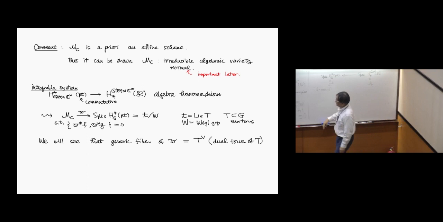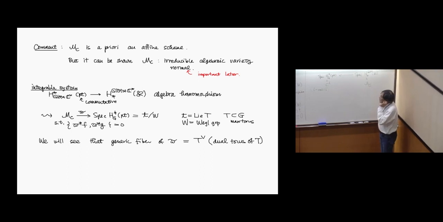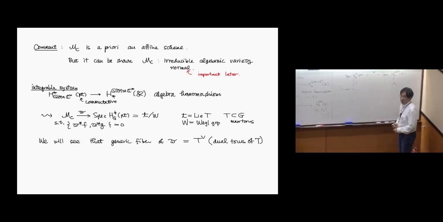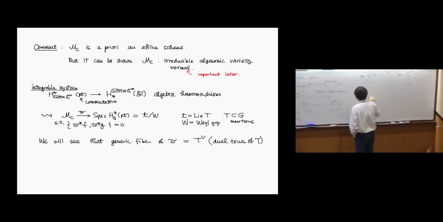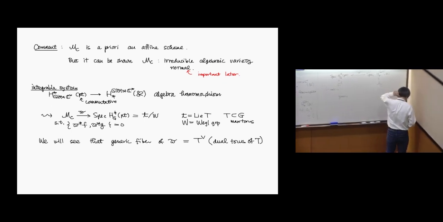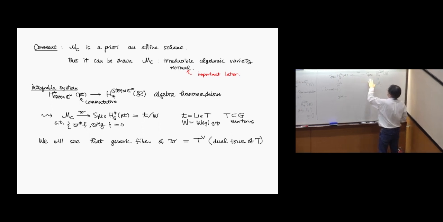As I said, I don't know the abstract definition of an integrable system, but people usually require, based on Liouville's theorem, that if you have a compact symplectic manifold and Poisson commuting functions, then the fiber is a torus.